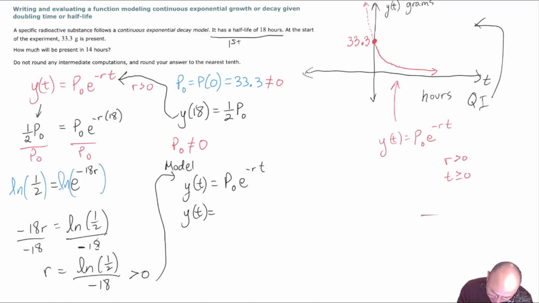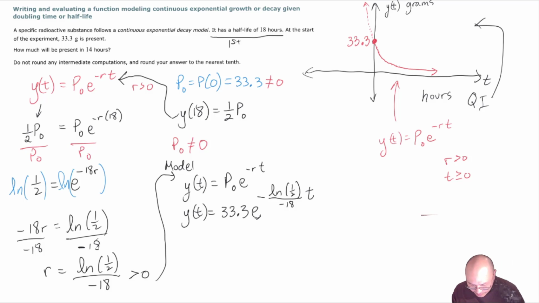P naught is actually 33.3, e is base e, which is just a number, and then negative r. What's r? It's ln of 1/2 over negative 18 times t. Now you know that a negative times a negative is a positive, so I am going to erase these two negative signs.